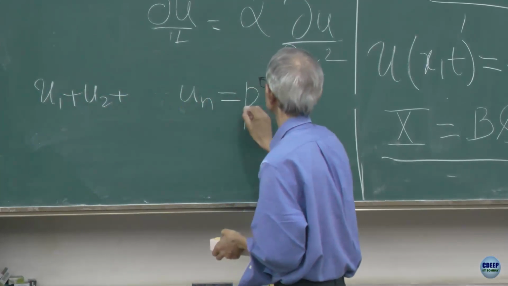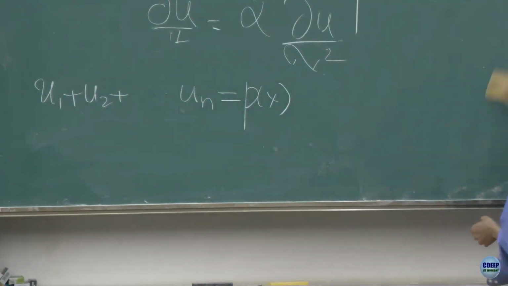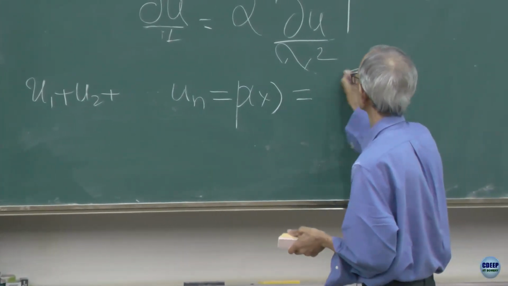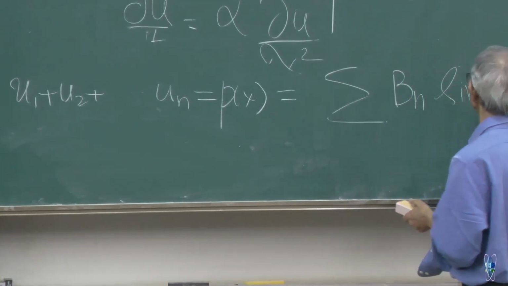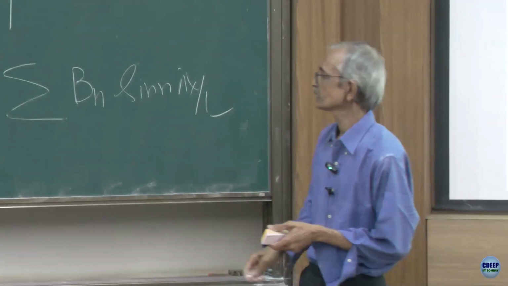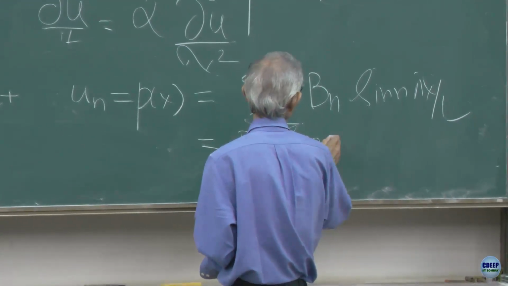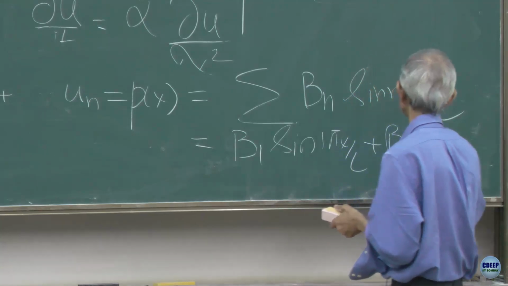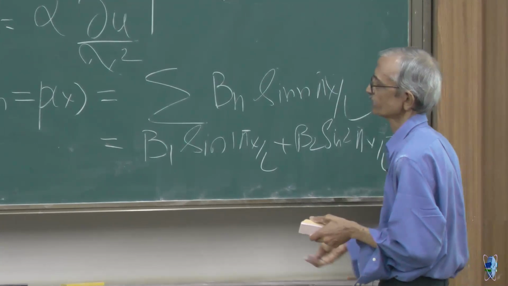We said was equal to p of x, and then we said I'm going to expand this p of x as being equal to summation of Pn sine n pi x by L, right? So this guy is B1 sine of 1 pi x by L plus B2 sine of 2 pi x by L and so on.